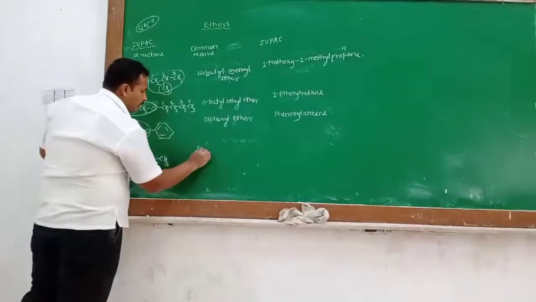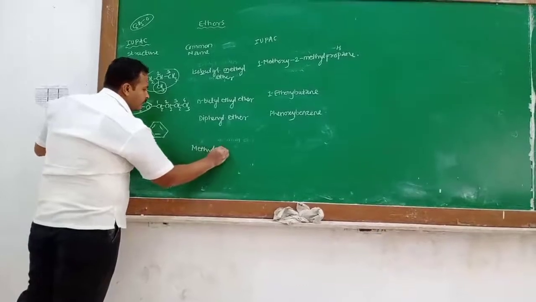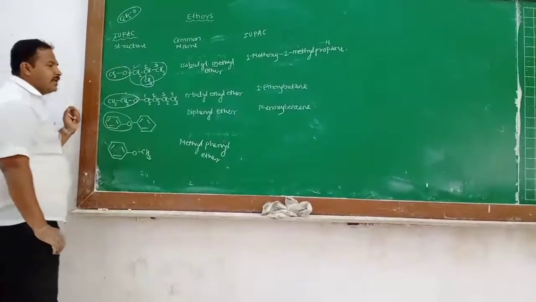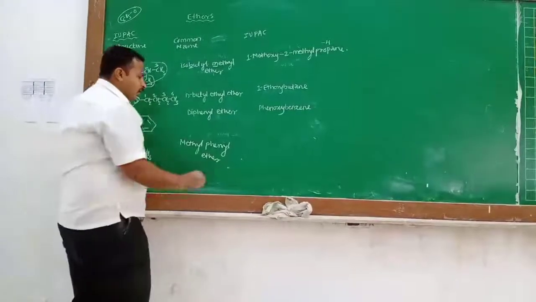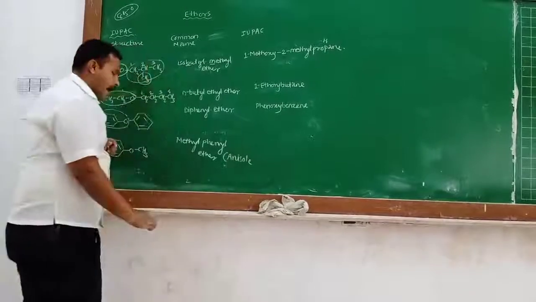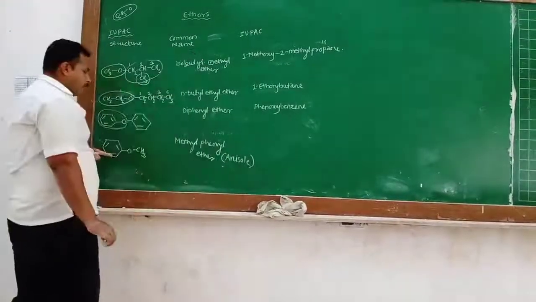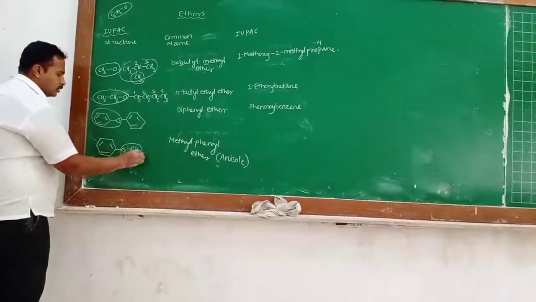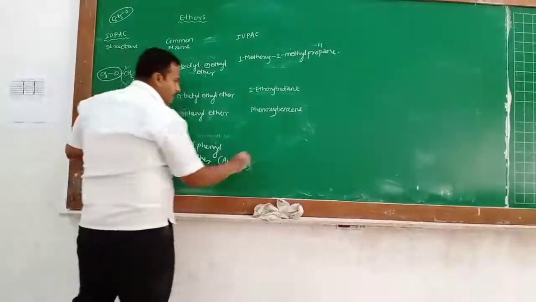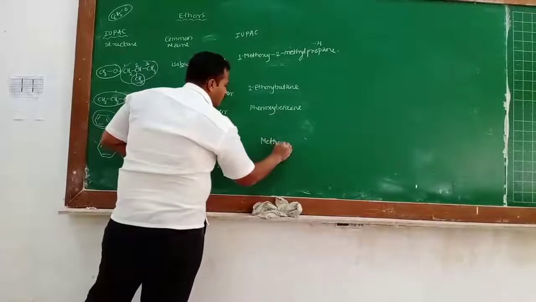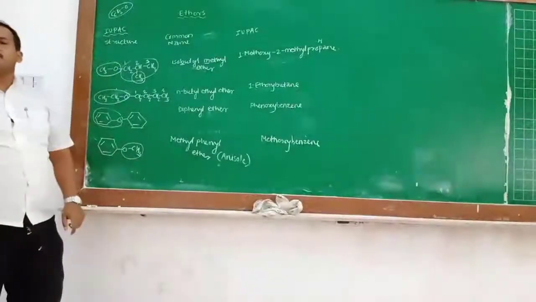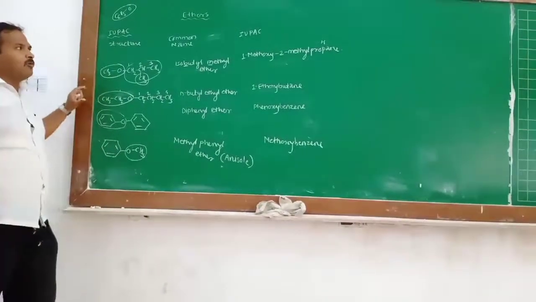The common name is methyl phenyl ether, or anisole. For the IUPAC name, when one hydrogen atom of benzene is replaced by a methoxy group, the IUPAC name of the compound is methoxy benzene. Keep in mind all the IUPAC nomenclature.